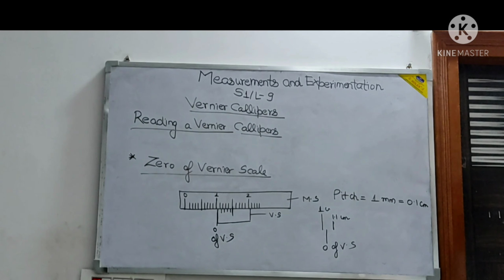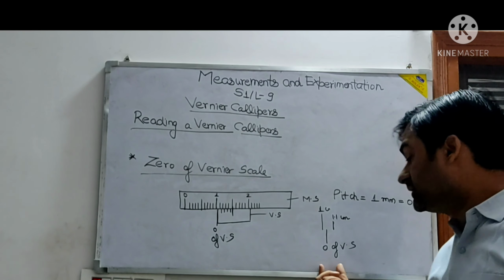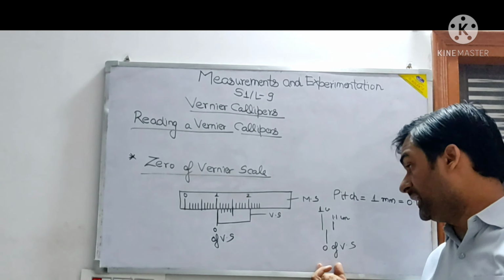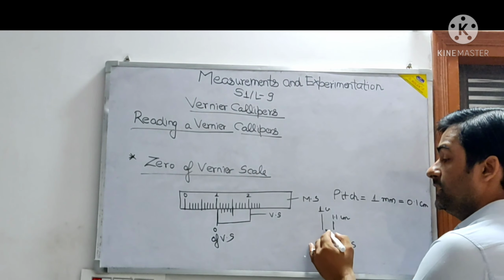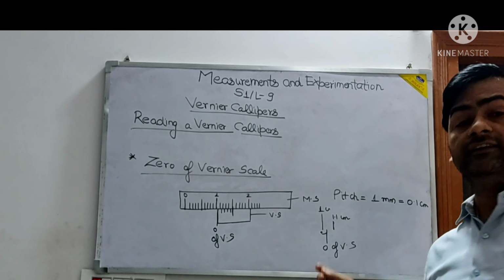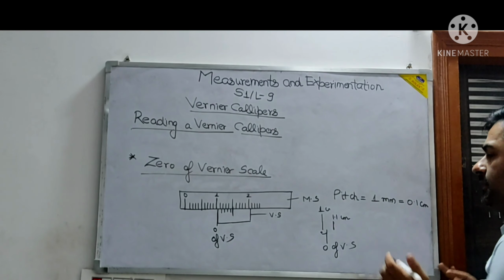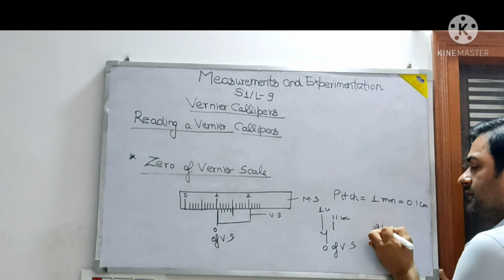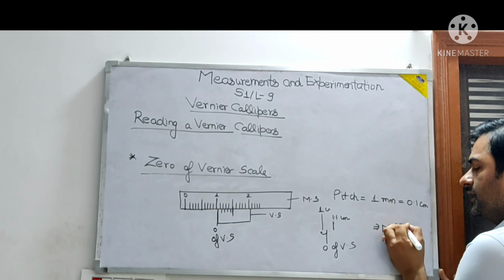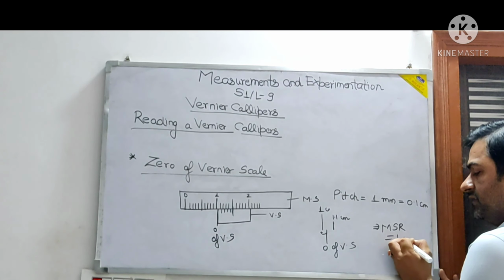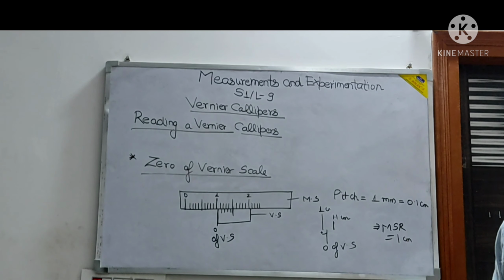So whenever the zero of vernier scale is lying between two readings, you take the lower value. If you have listened to my lecture of yesterday properly, I told you the same thing. That means the main scale reading will be taken as how much? 1 centimeter.